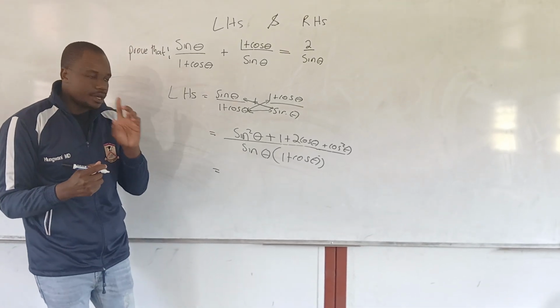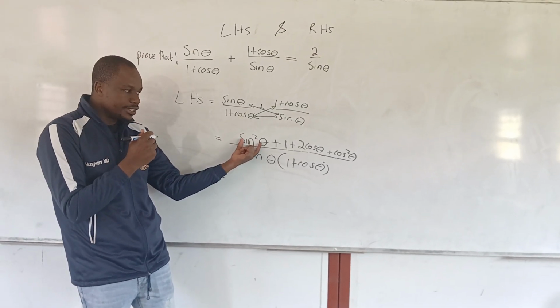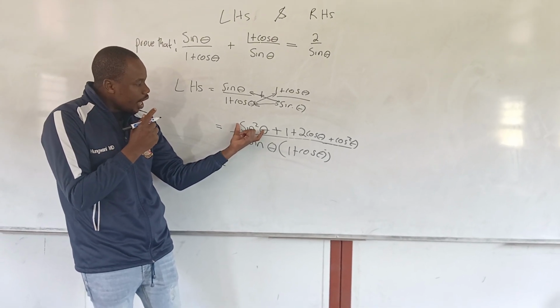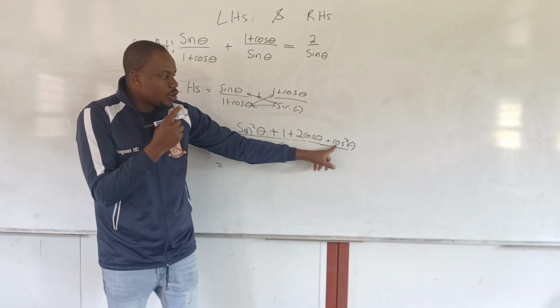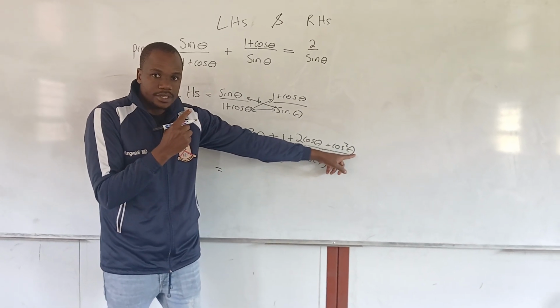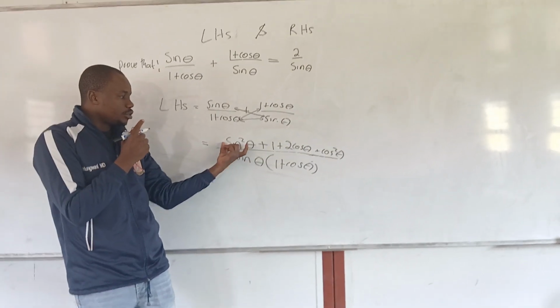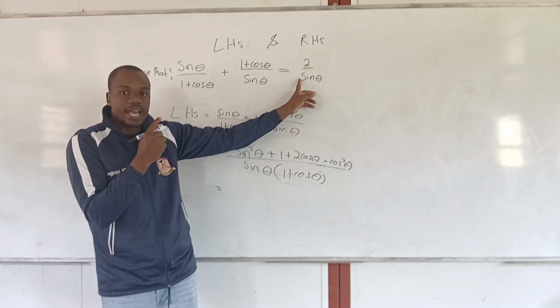Now you need to check. We do have the identity here, the identity of sine squared theta plus cos squared theta. You can just rearrange these, because you want to actually remain with 2 divided by the sine of theta.